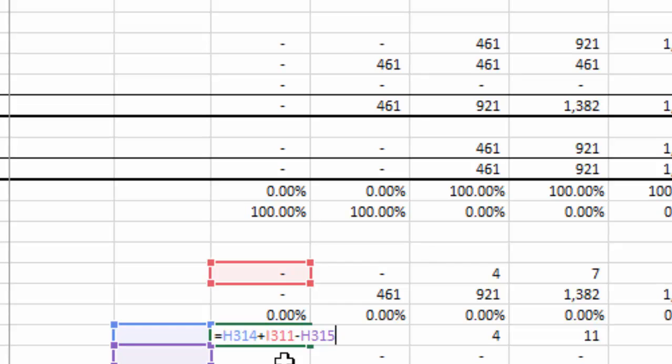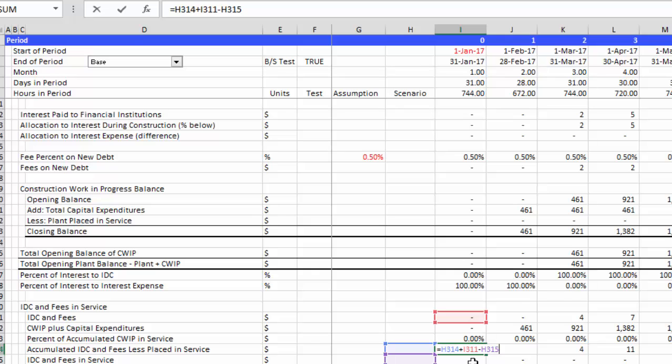And then I just take the last number plus the amount of IDC, and I don't care, IDC, fees, and subtract the amount of placed in service from the last period, not this period. And then multiply the amount of the plant placed in service by the IDC and the fees.